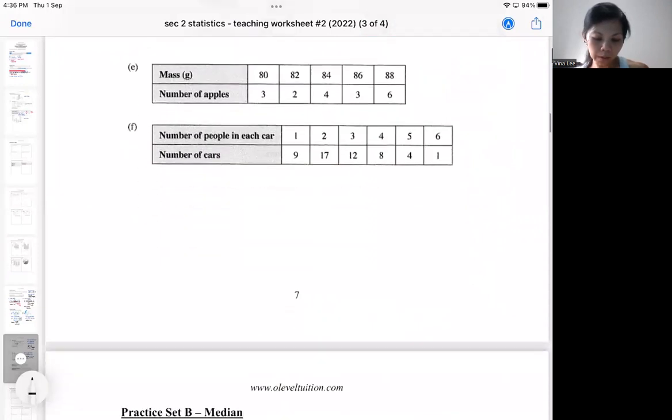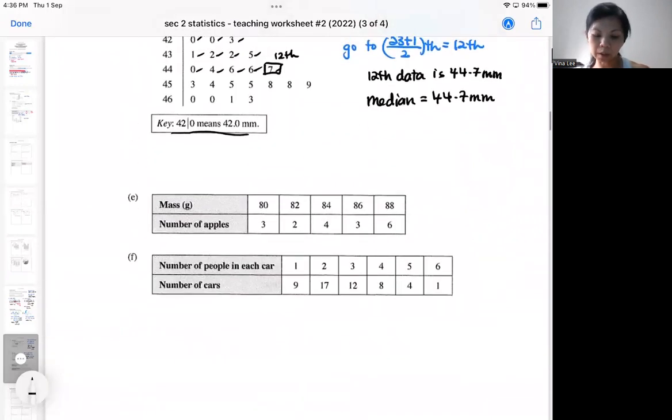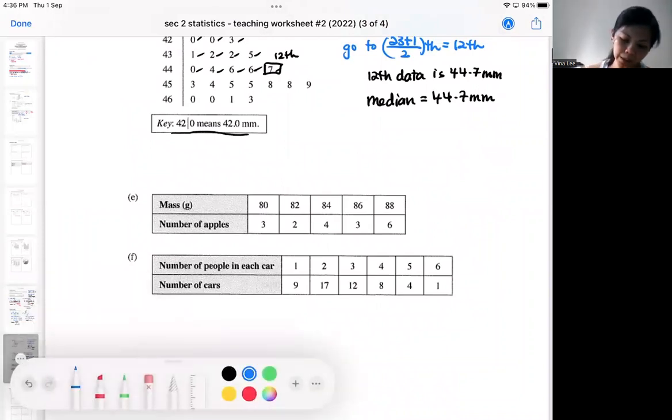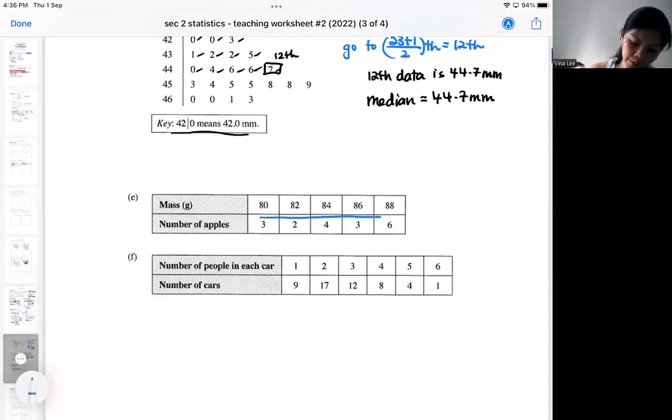So again, if you have the frequency table, you also need to be counting, except that the counting is easier. So in this case, you count by adding them up first. 3 plus 2 plus 4 plus 3 plus 6. So there are 18 data.